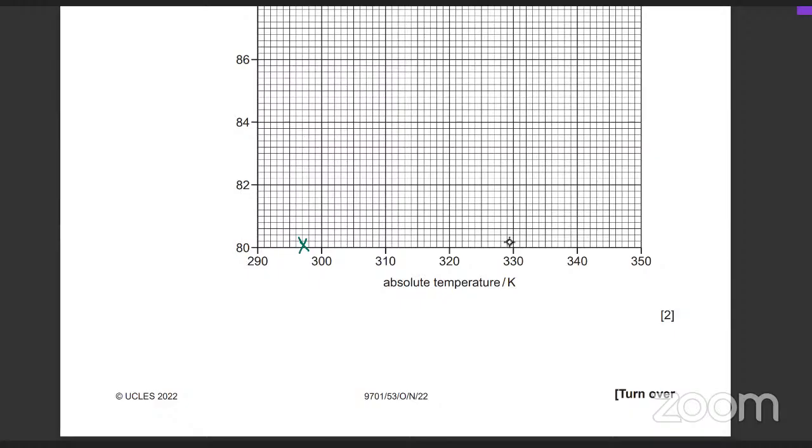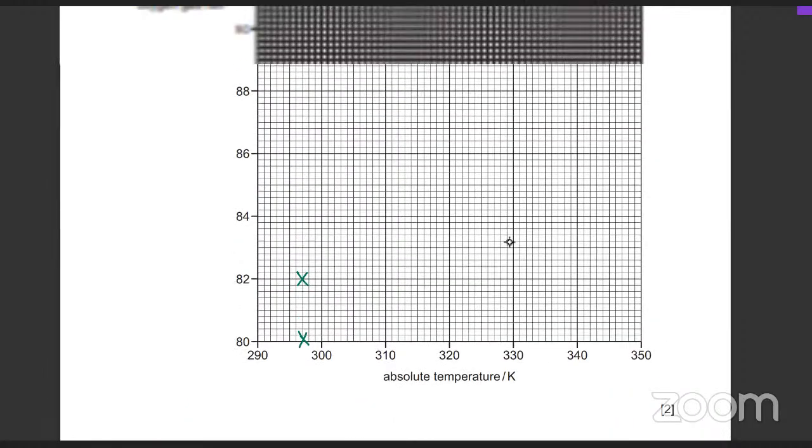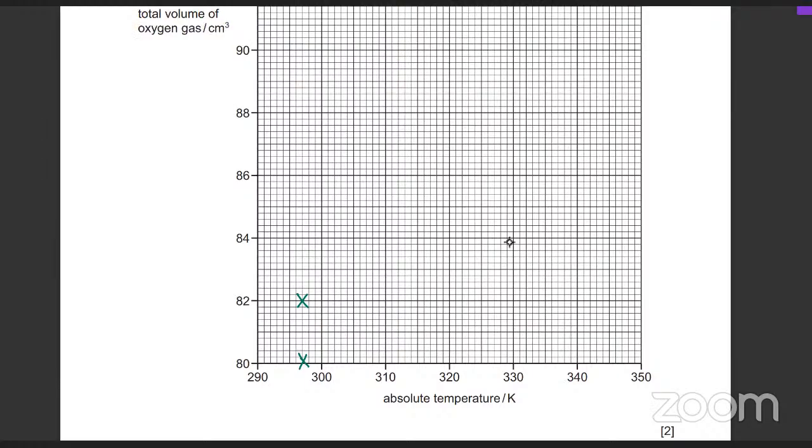Sir, I'll keep telling you the points, I've taken a screenshot of it. Okay, tell me. 297, it's 82. And second is 303 absolute temperature and gas is 84. So this one is 84. Third is 308 and 88.